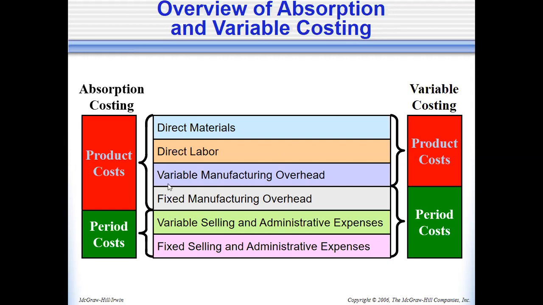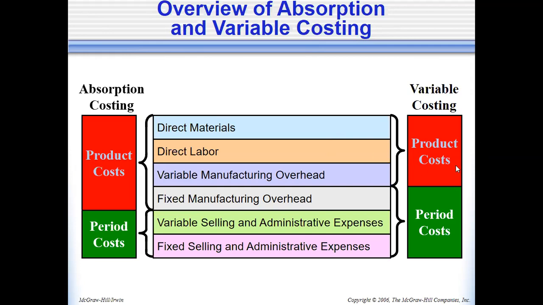Now that's absorption costing. On the other hand, for variable costing, same definition, same concept. It's just that the difference lies in the fixed manufacturing overhead. You can notice that the fixed manufacturing overhead is treated as a product cost in absorption costing, but it is a period cost under variable costing.